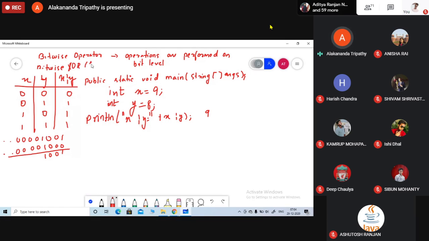Next one is your binary XOR operation. Mark it, most important: binary XOR operation. In binary XOR, we also use this XOR operation for security purposes. In most things we use this bitwise XOR operation.